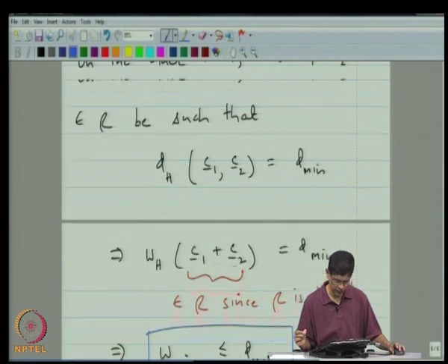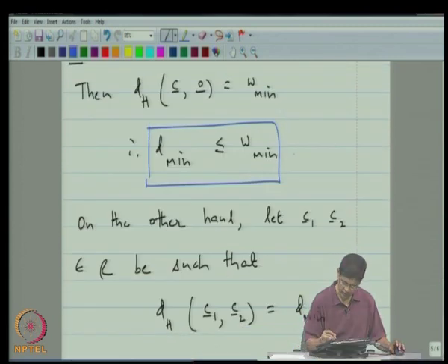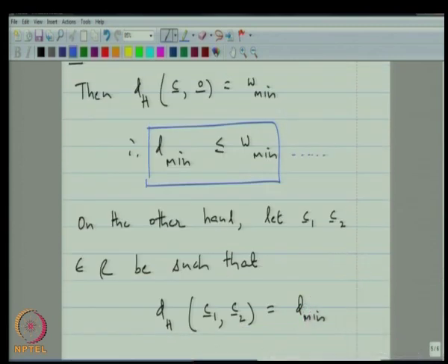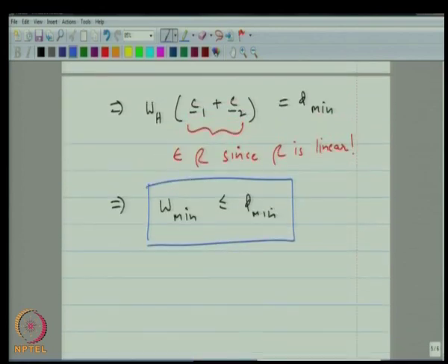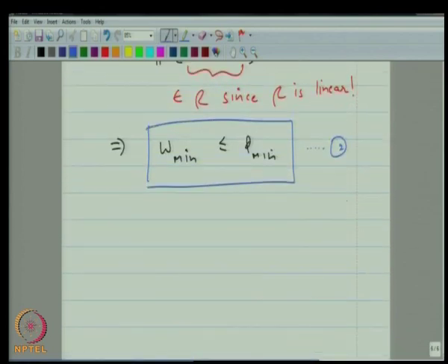So, we have two equations. Let us call this 1, which says that the minimum distance is less than or equal to the minimum weight, and 2 gives us the reverse inequality.